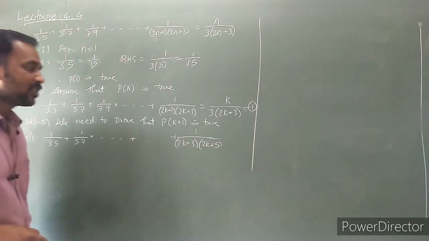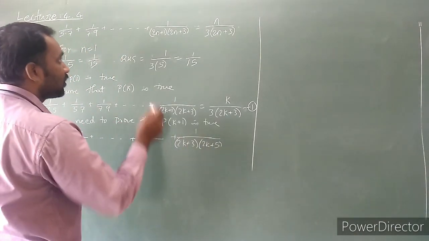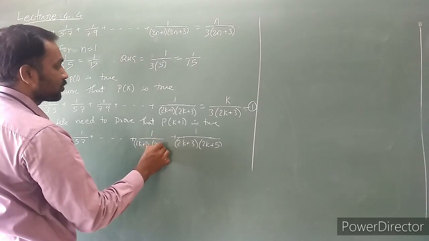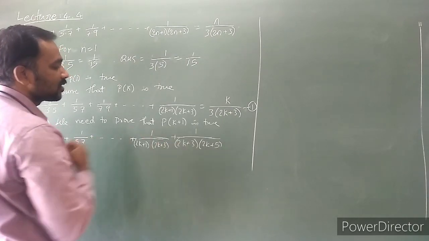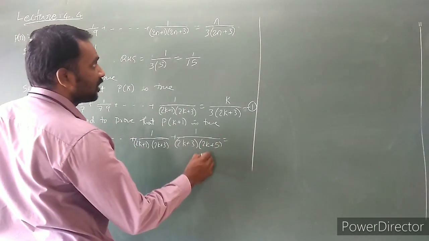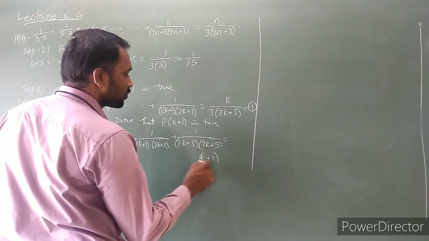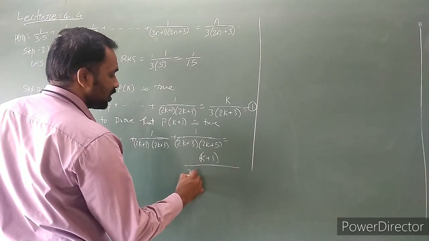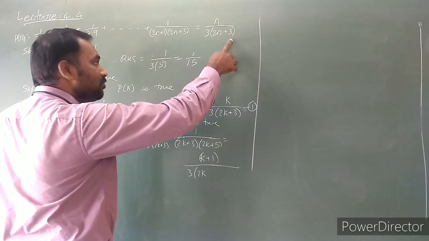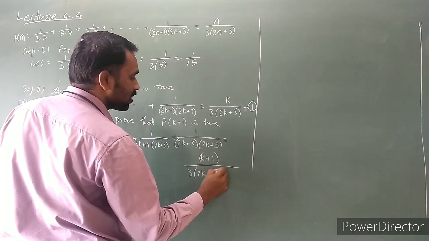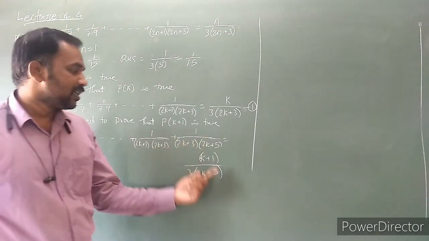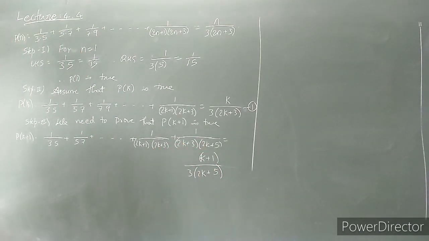This is the k plus 1 term. The previous term is the same, with k in place of n: 2k plus 1 into 2k plus 3. The right hand side is k plus 1 divided by 3 into 2 into k plus 1 plus 3, that is 2k plus 5. Now we need to prove that LHS is equal to RHS.